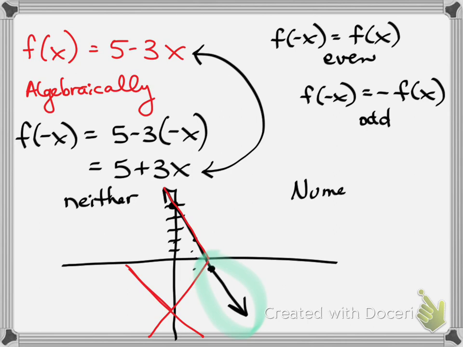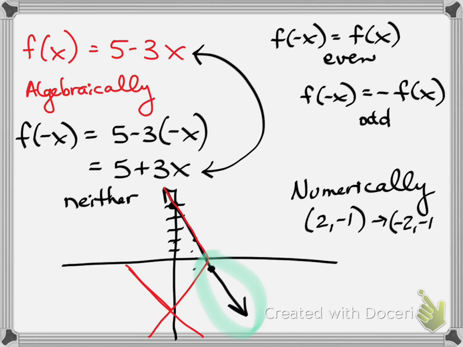Numerically, I need a point on this graph. Well, I just found this point right here. Let's see, it was 2, -1, I think. So if it's even, using these rules that we just wrote down, then the point -2, -1 should be on my graph.